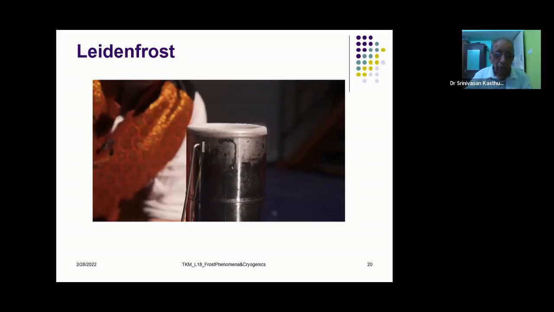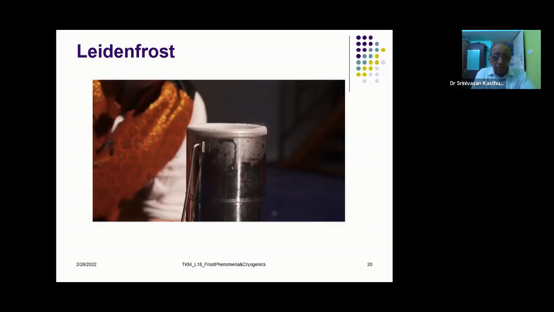If you allow sufficient time for the hand to be present with the liquid nitrogen, then the hand will get cold and thereby liquid nitrogen will stay, and then you will have the effects of frostbite. Now, he also demonstrated this with a hot plate wherein you pour water on the surface.